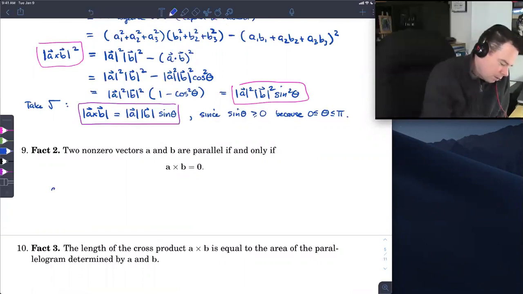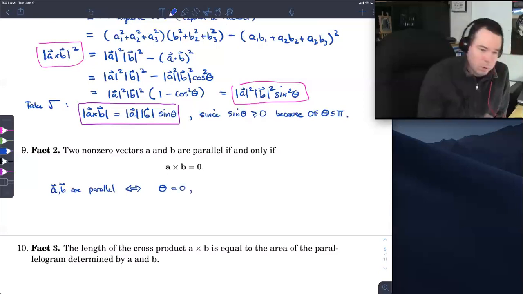And that's because a and b are parallel if and only if the angle between them is 0, they point in the same direction, or pi, they point in opposite directions.